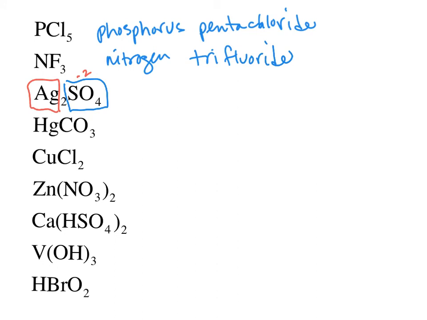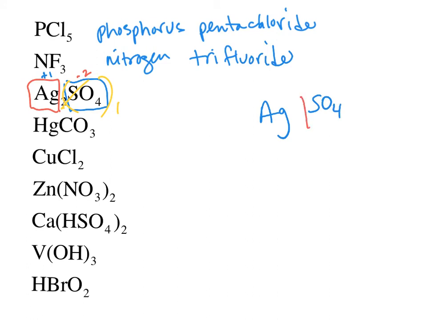Silver is +1. So there's the crisscross rule, 2, and so the sulfate you can think of as being 1. I better write that bigger. What do you think there? Let's do that again. All right, so silver and sulfate.